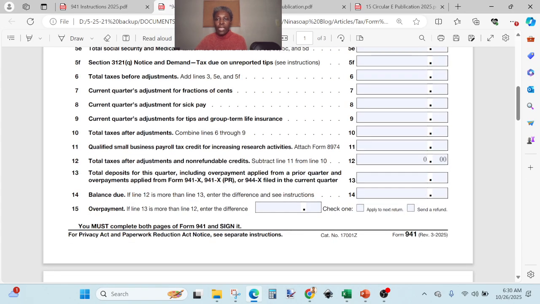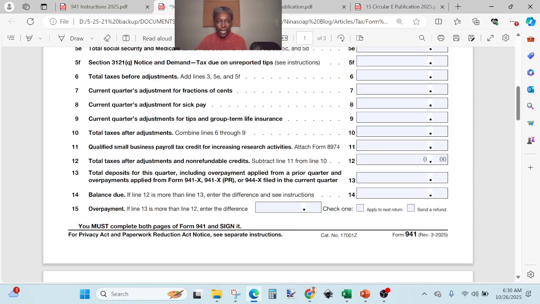That is what you need to put on line 13. It is about those taxes that you withheld or your business paid, that you deposited on the IRS website, for this quarter that you are filing.